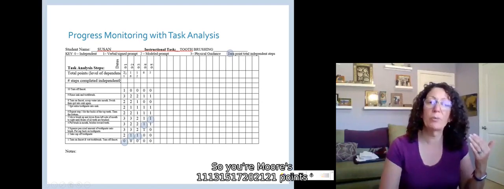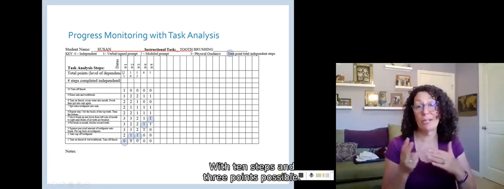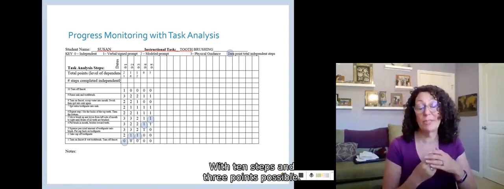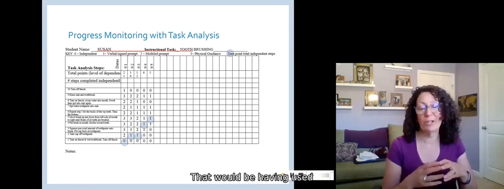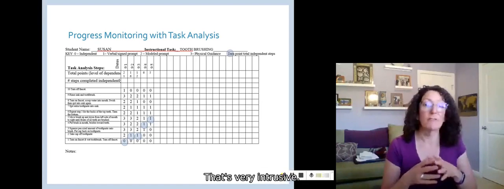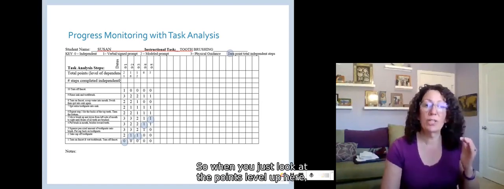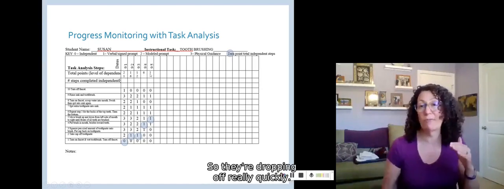So it's 21 points worth of prompting with 10 steps and 3 points possible. 30 would be the highest level. That would be having used physical guidance on every single step. That's very intrusive. So when you just look at the points level up here, you can see 21, 16, 12, 6, and 5. So they're dropping off really quickly.